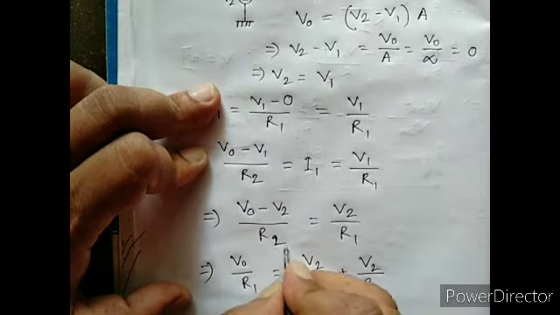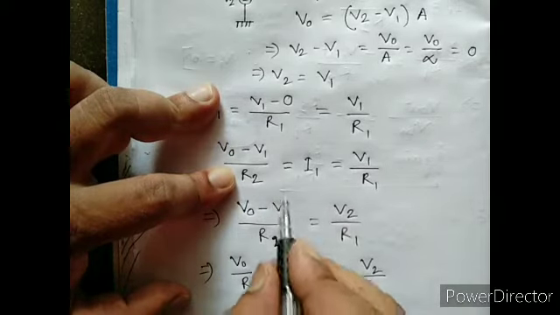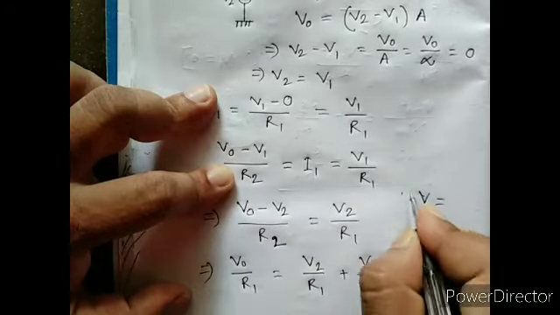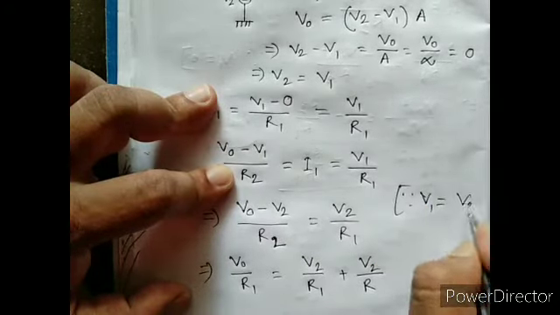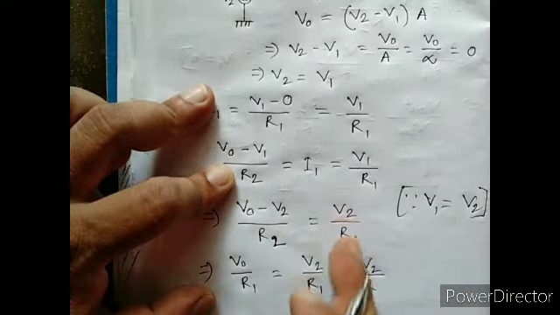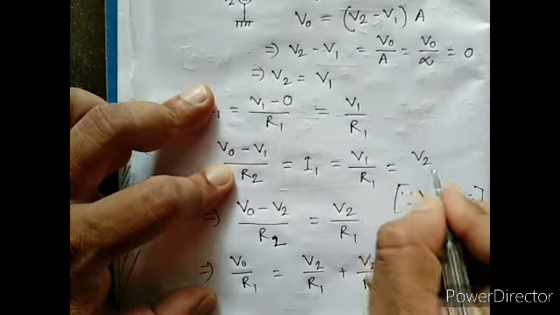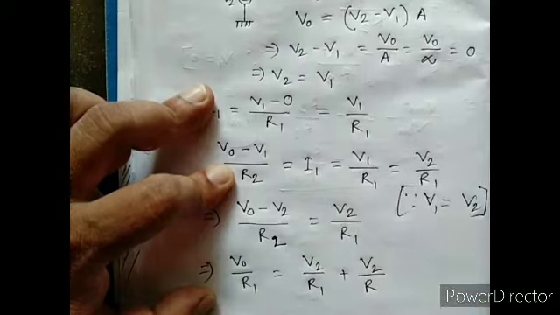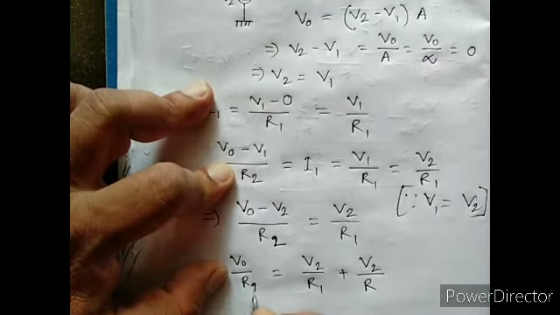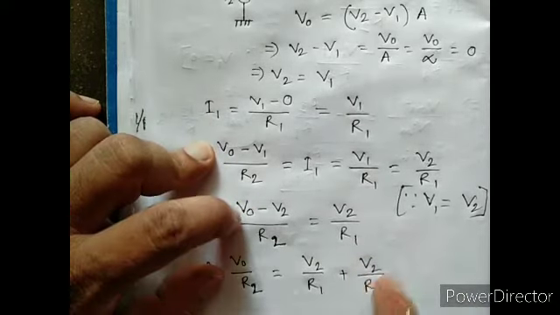So, from there we can write V0 by R2 equals V2 by R1 plus V2 by R2.